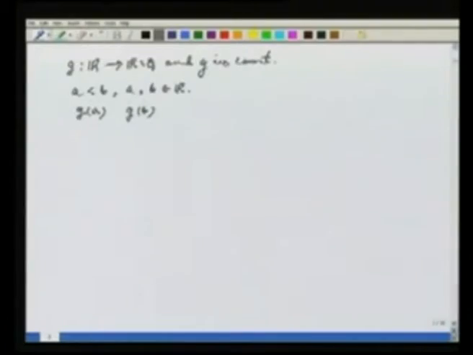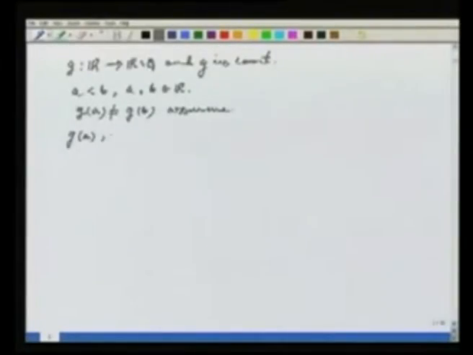It can happen that they are same. It can also happen that they are not same. That means let us assume this. Now I know that g(a) and g(b) both are irrational numbers.